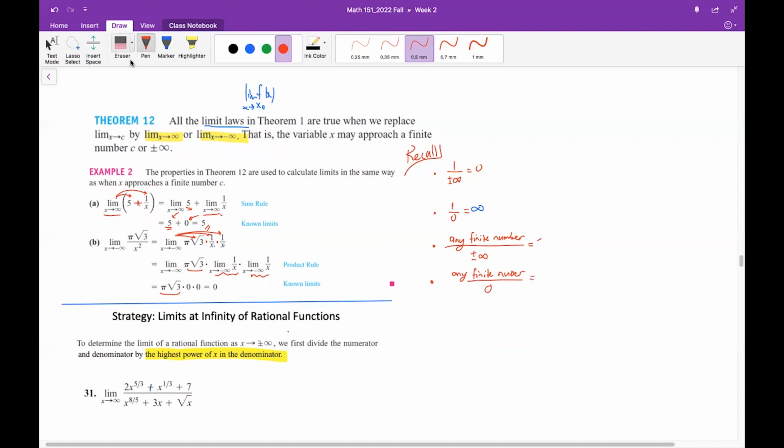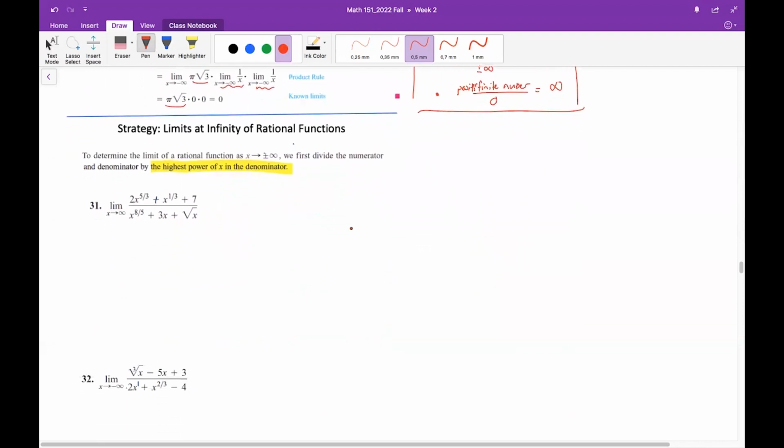Okay, it should be a positive finite number. Let's put positive finite number divided by 0 is infinite. Okay, let's put this recall box here. It reminds you of this kind of ratios.